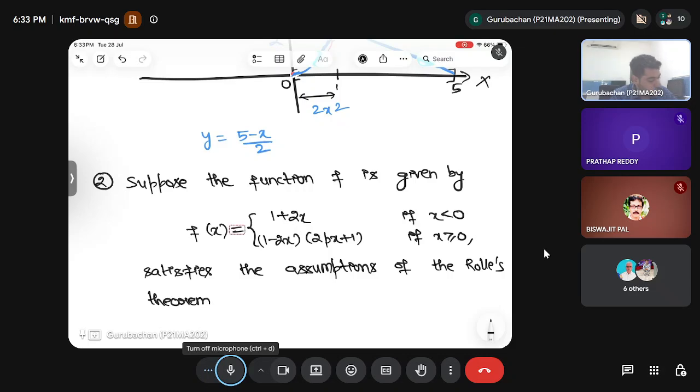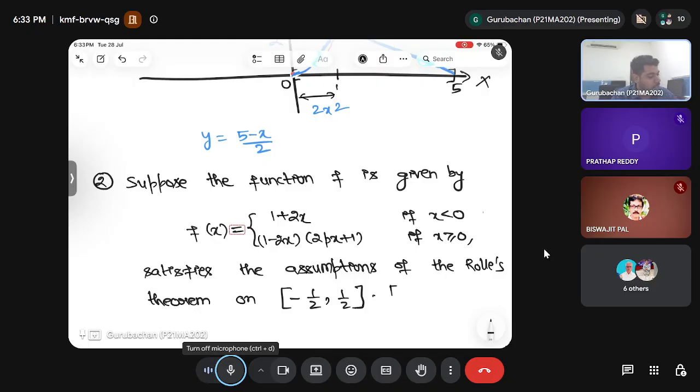On the interval minus half to half. Obviously you cannot talk about the whole domain because it is minus infinity to infinity. As I told you, we need a compact interval or a closed interval. In simplicity I say, so I am saying that this is your closed interval.